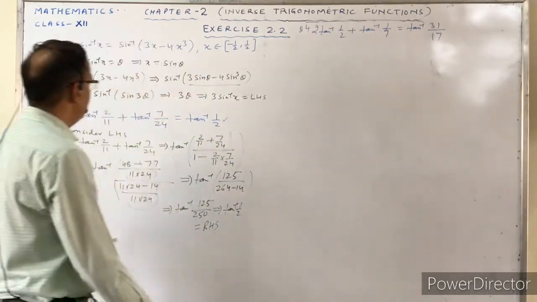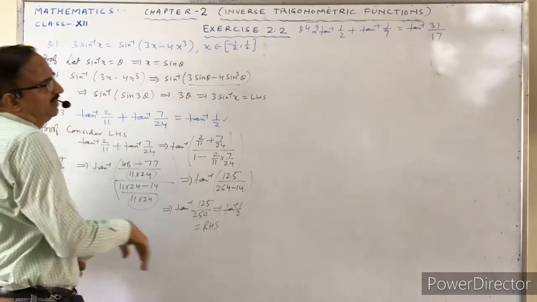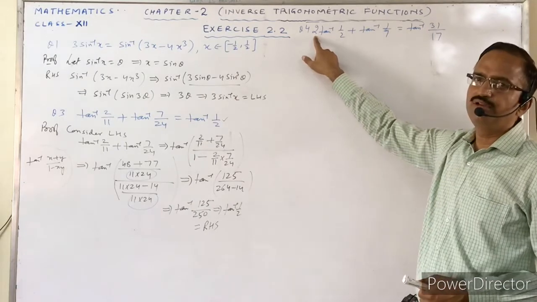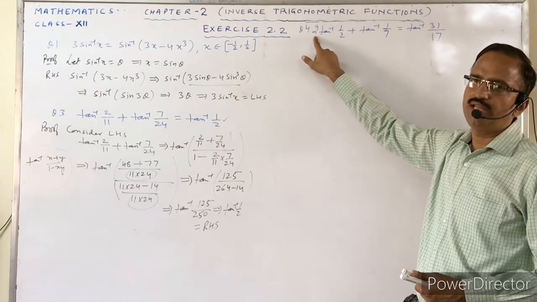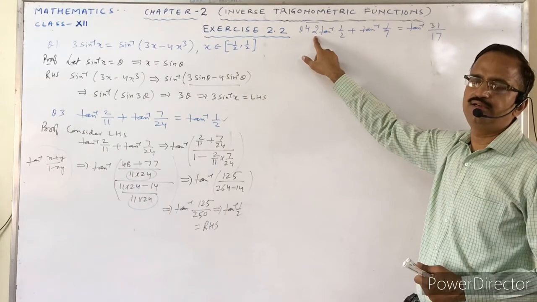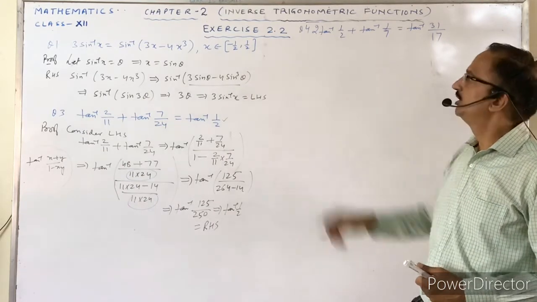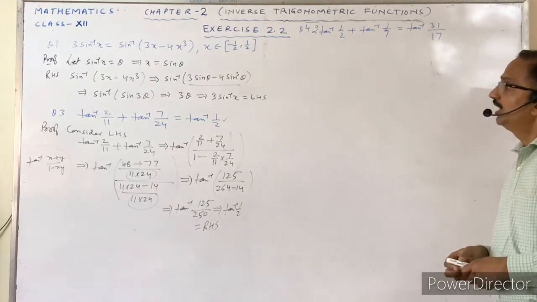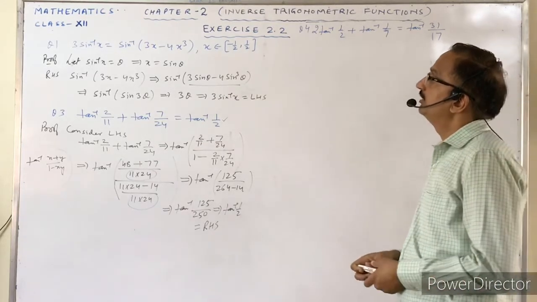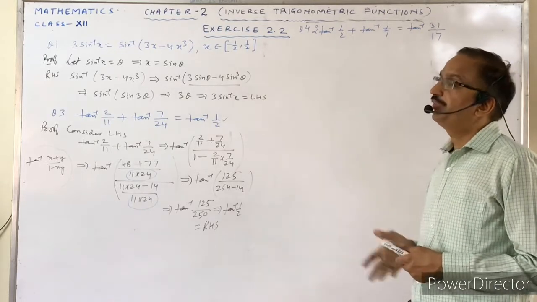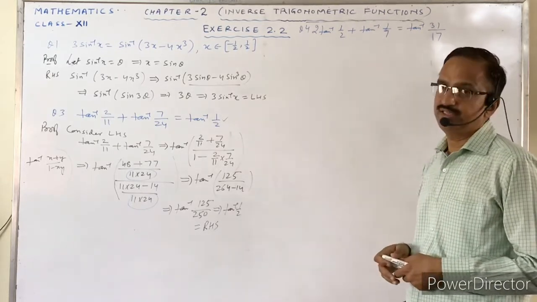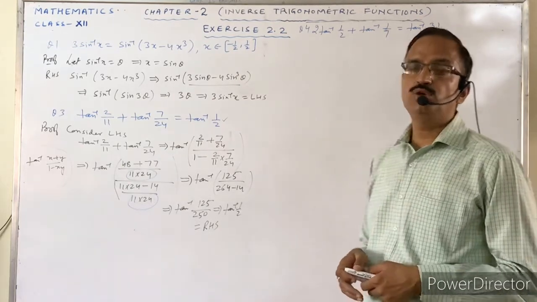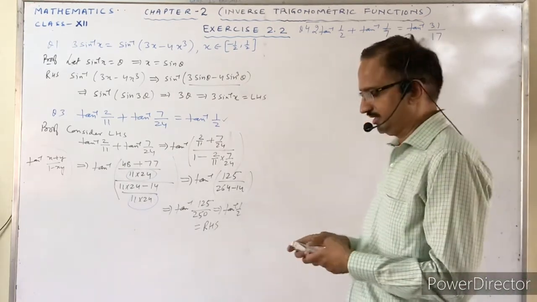So directly we can't use this formula. This formula is not used here. Why? Because of this 2. So first of all we remove this 2, then only we will get the desired result. This can be removed by using one more formula that we have learnt in the properties of inverse trigonometric functions. 2 tan inverse x equals tan inverse 2x upon 1 minus x square.